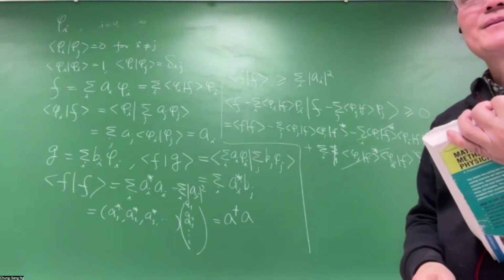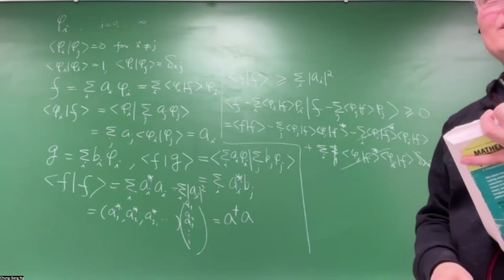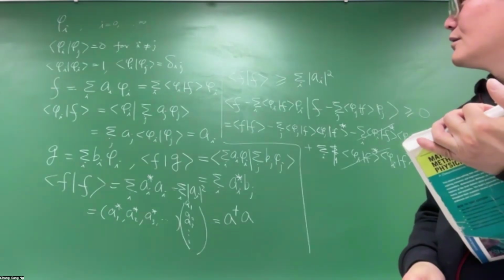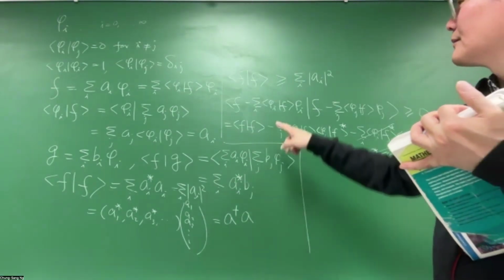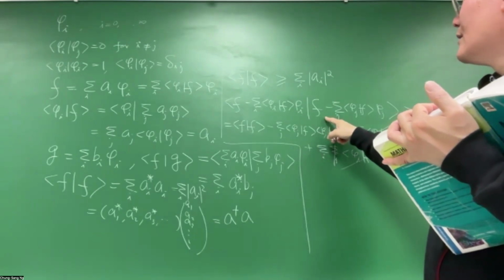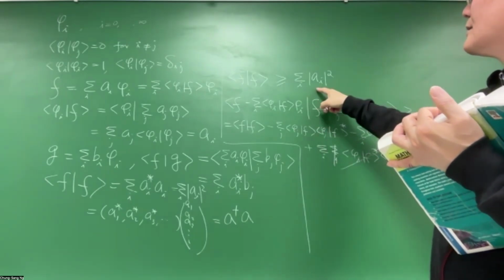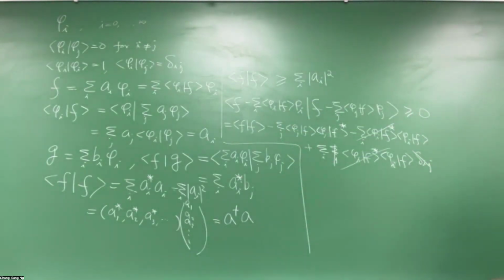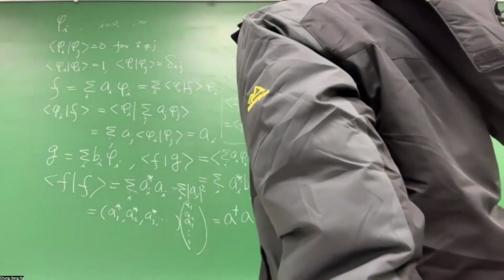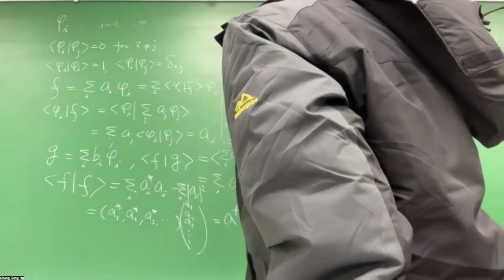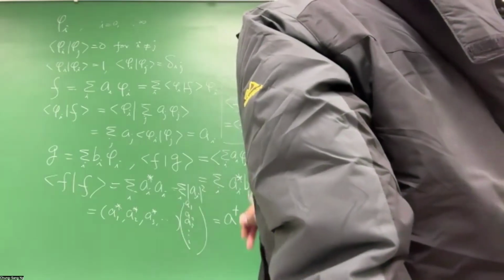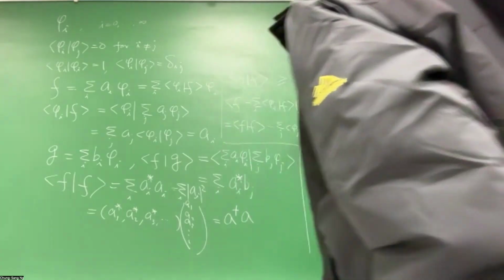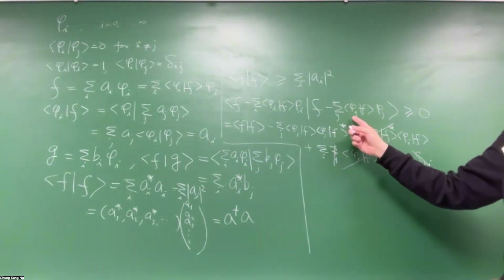Okay, the second line? This one? Yeah. Let me show you. You have four terms, two terms in each slot, and you just distribute this scalar product.